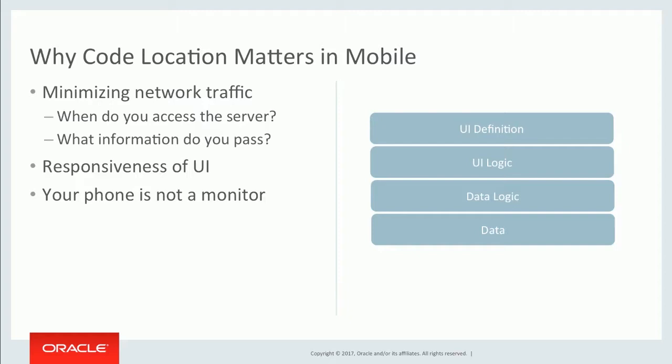Also think about what information do you pass between the server and the client. If you look at the page that you're displaying and you're passing the HTML and the JavaScript and everything else all the time from the server, this is pretty heavy compared to actually having the code already on the client.